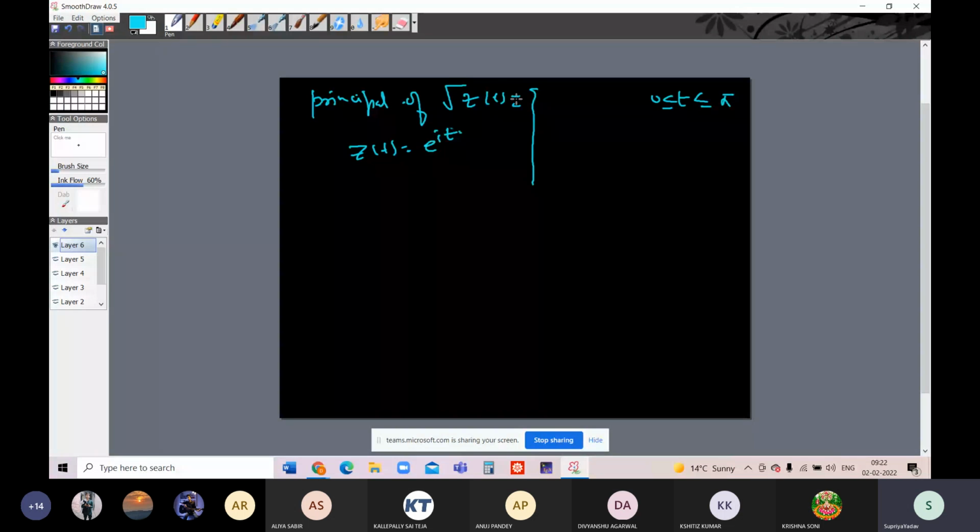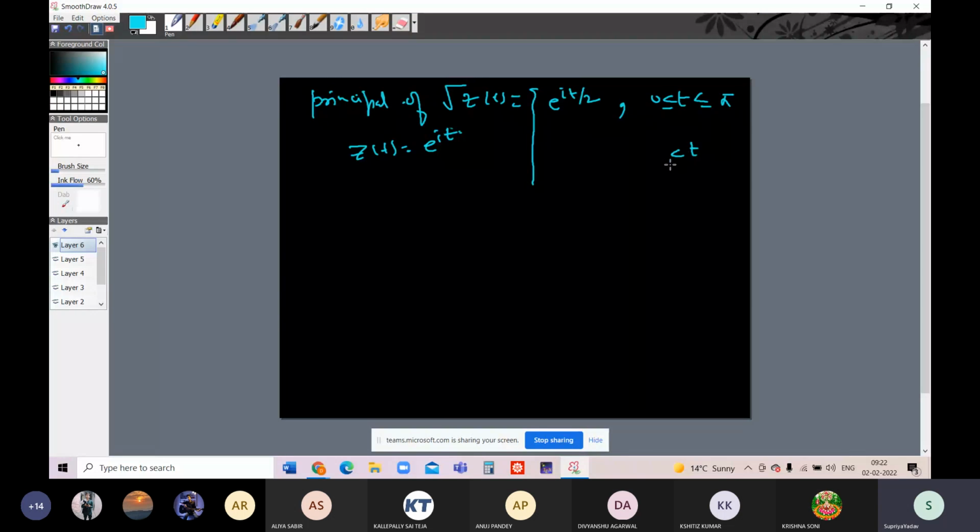So corresponding to the principal value of this function, square root of z(t), because z(t) was e^(it). When t lies from 0 to pi, the argument will be t, so square root of z(t) will be e^(it/2).